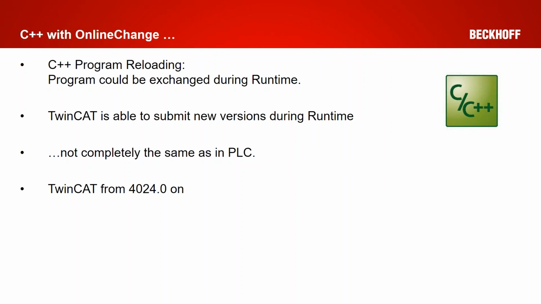TwinCAT below that is able to submit new versions during runtime. So if TwinCAT is in run mode and you're programming another version of your driver, then TwinCAT is able to submit this new version to the runtime system and exchange it without going to config mode.